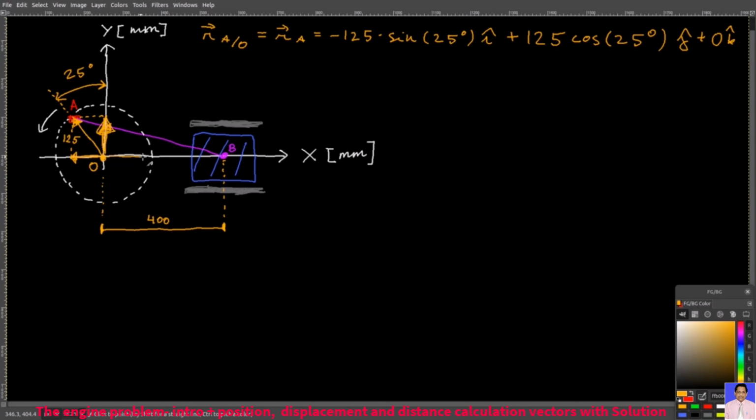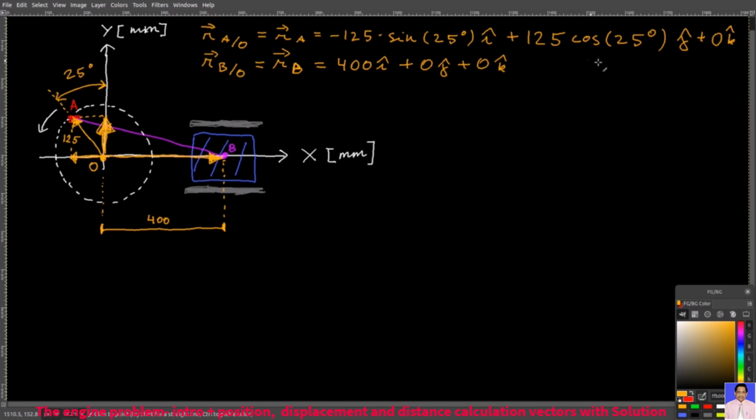And then we can define another position vector, this one here, and we can call it RB with respect to O, or simply RB. It would be 400 times i plus 0j plus 0k.